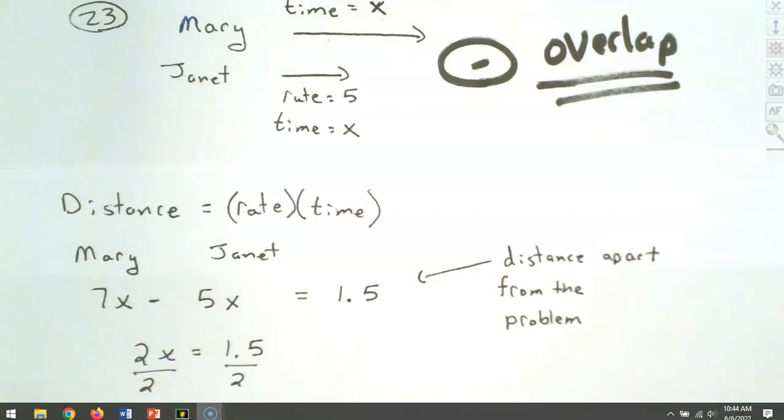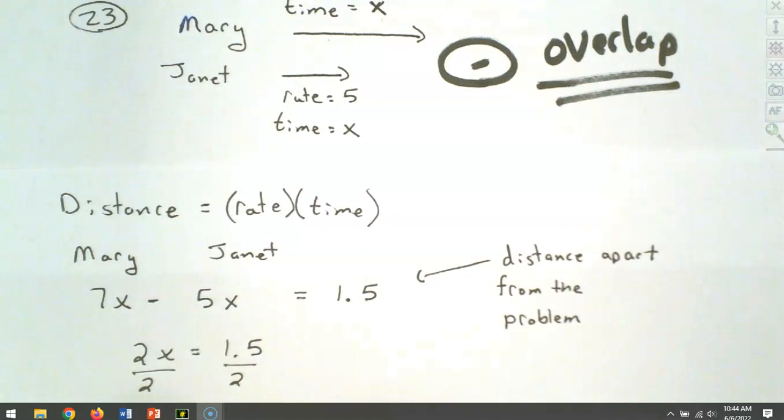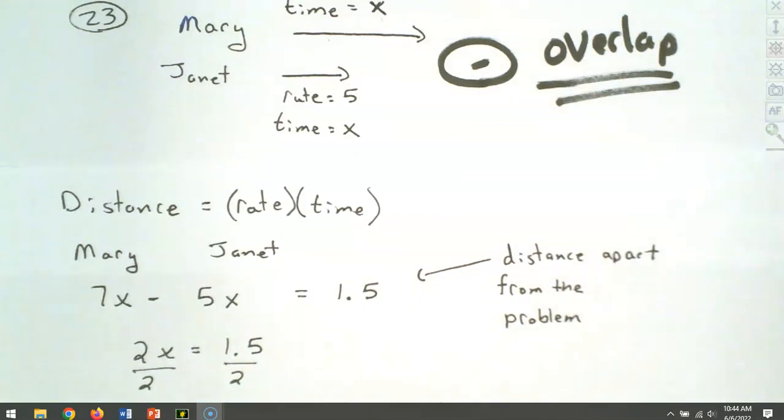Now, how can I write my answer? Okay, x is the time. So you could write it in a variety of different ways. 0.75 is a number of hours. So you could write this in any of these three ways. You could write this as 0.75 hours.